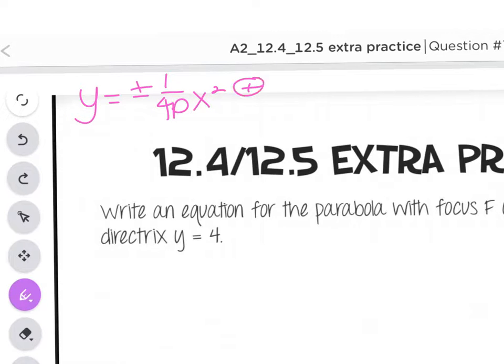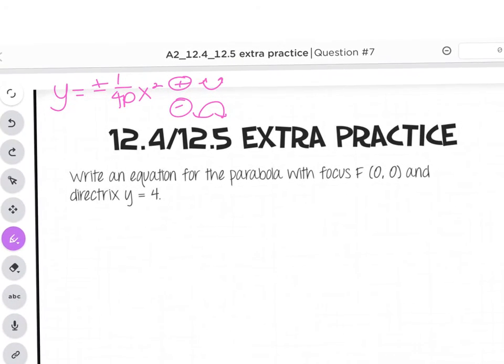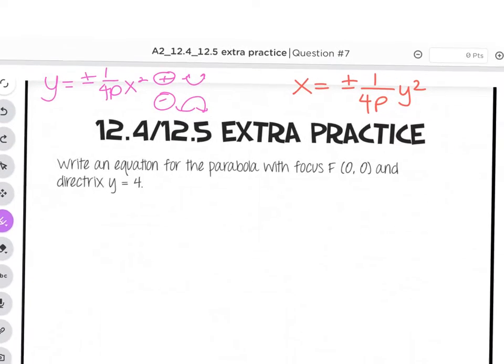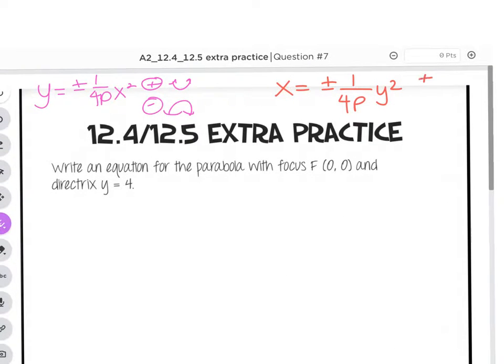The positive one opens up, and the negative one opens down. And then if it's x equals plus or minus 1 over 4p y squared, this opens right or left. The positive opens facing to the right, and the negative faces open to the left.